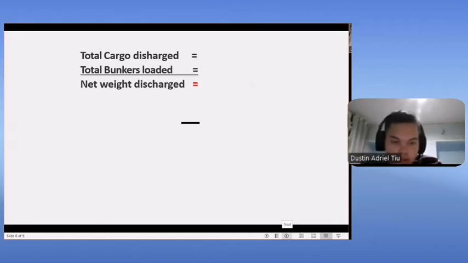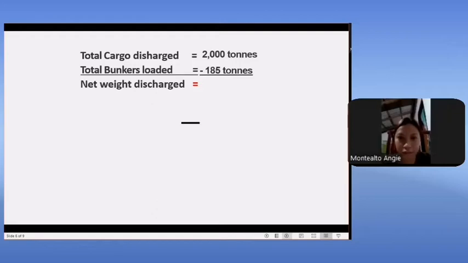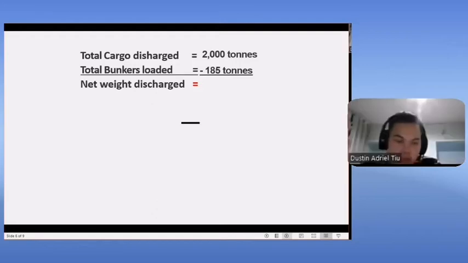So our total cargo discharge is 2,000 tons, and our total bunkers loaded is negative 185 tons. So our net weight discharge will be 1,815 tons.